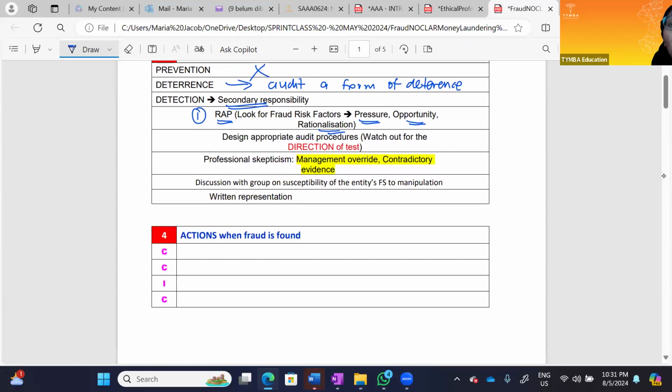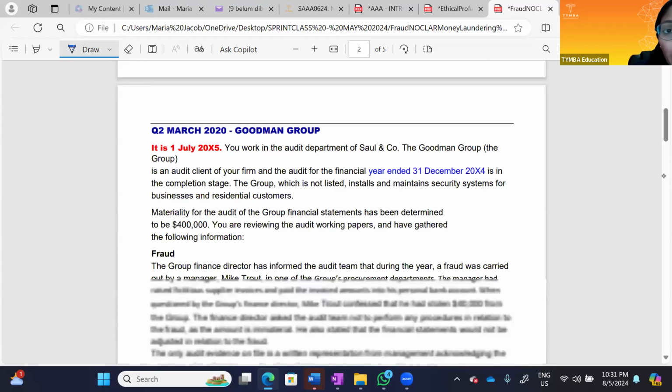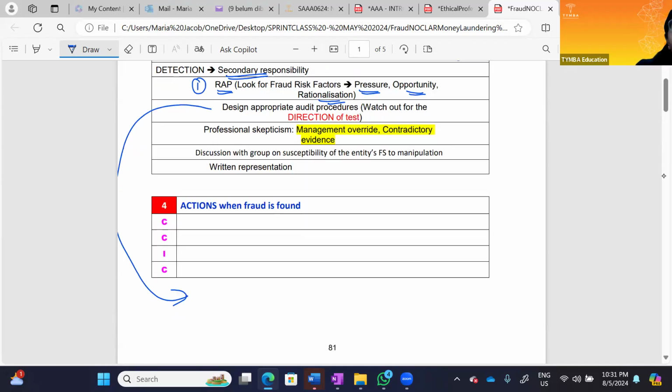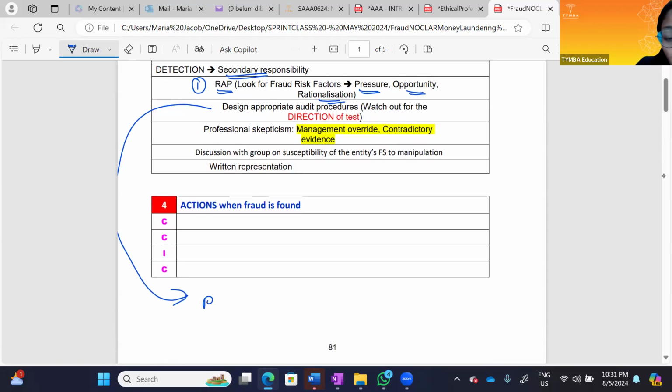Then we design appropriate audit procedures, which are relevant. Let's say I doubt there is a fraud in purchases. I have to look out for the relevant documents. I think there are fictitious purchases made which are not for the company.